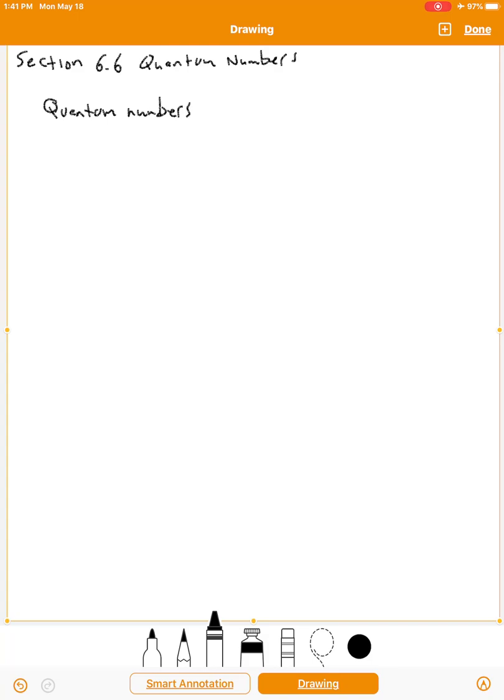The first one is n, which has got a name. It's called the principal quantum number. And in a sense, it describes 2 things. Primarily, it describes the energy of the electron.